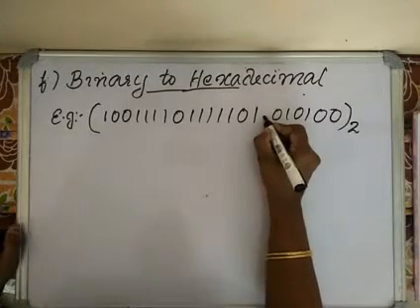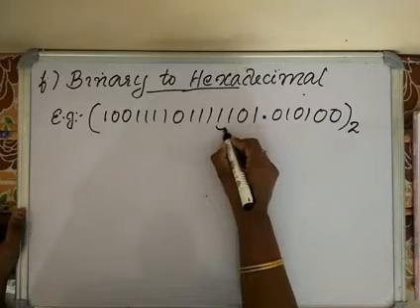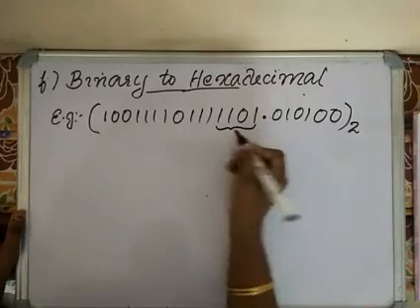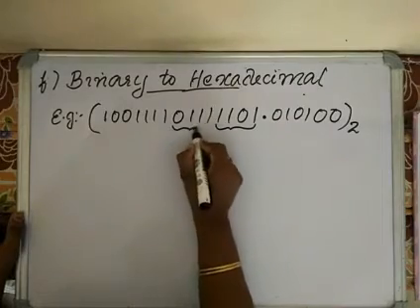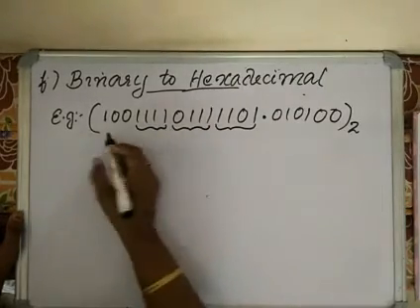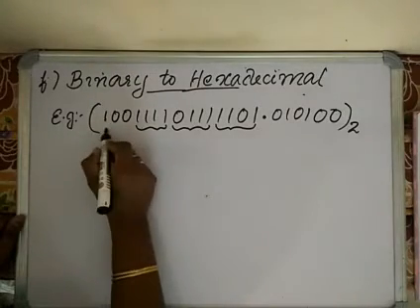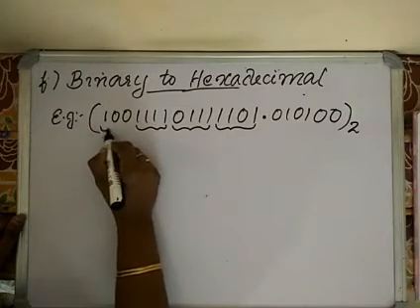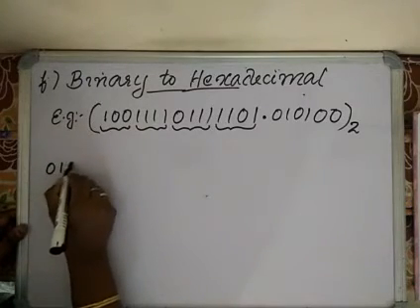Here also we do the partition from the decimal point, but the difference with octal conversion is that we group into groups of 4. On the most significant side, if there are fewer bits, we can include 0.